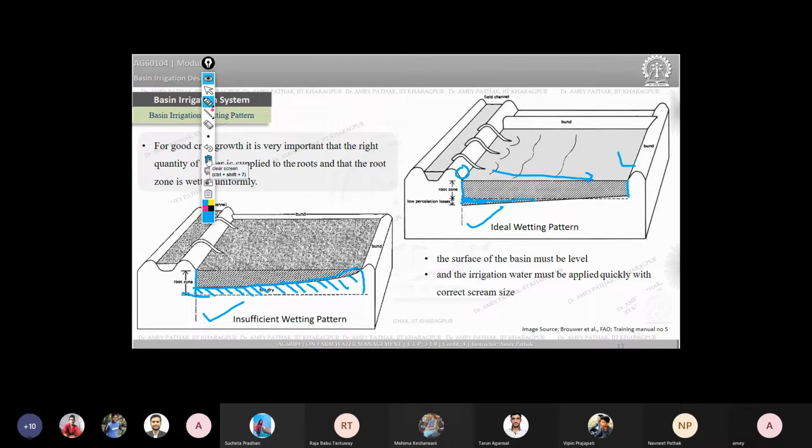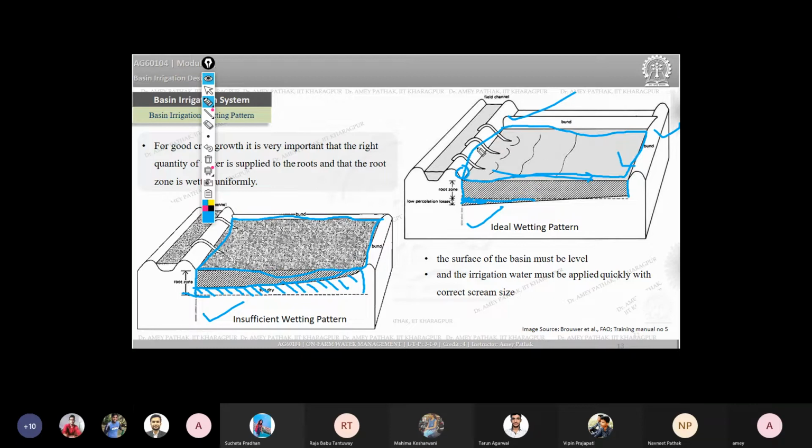Now, one important aspect of basin irrigation is that since we are providing the water here, we want whatever water we have applied to remain confined within this region. In order to get that, we are providing some bunds here.